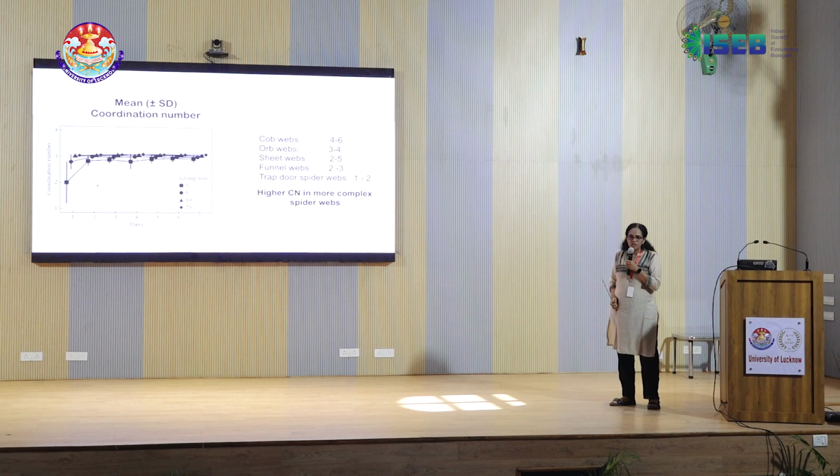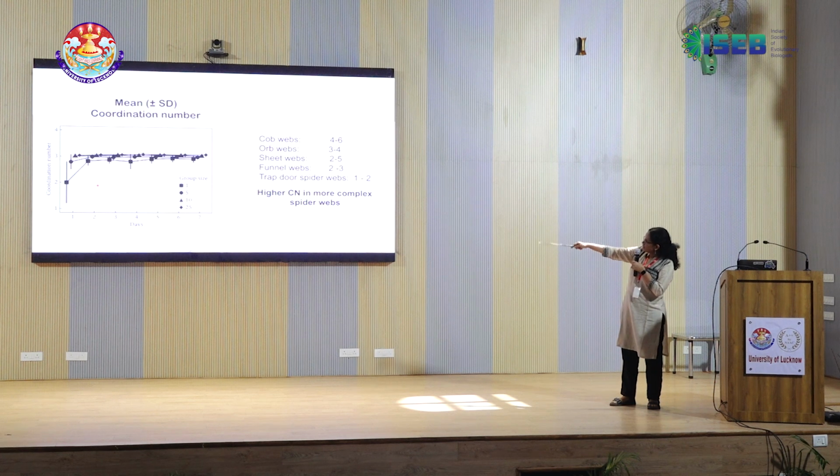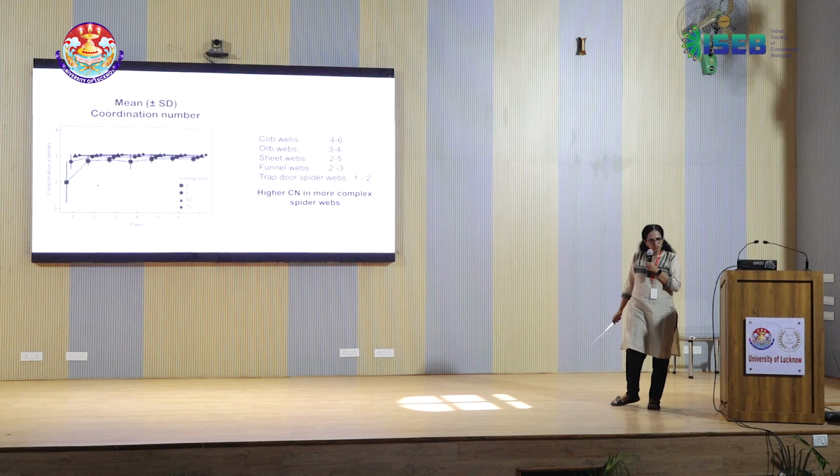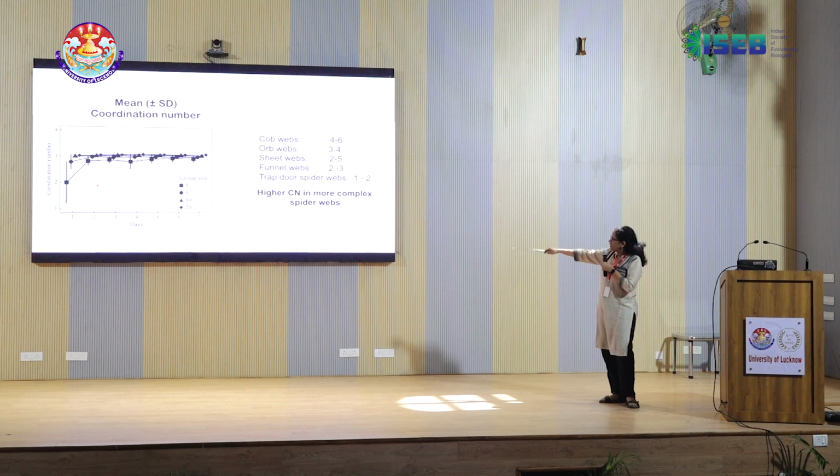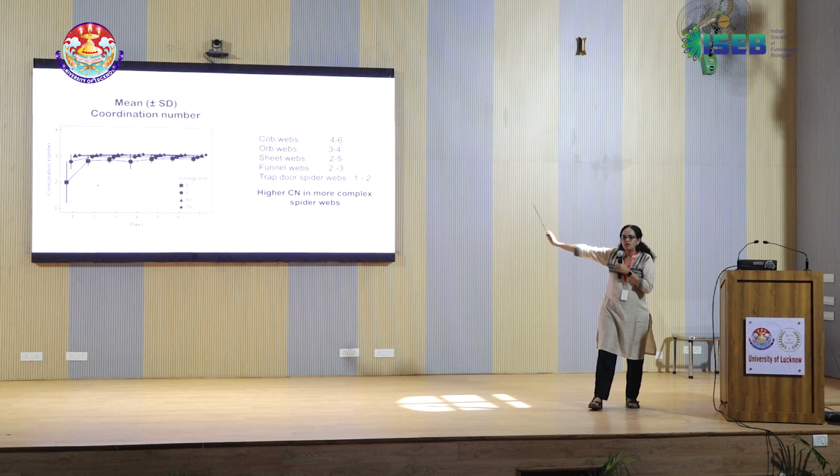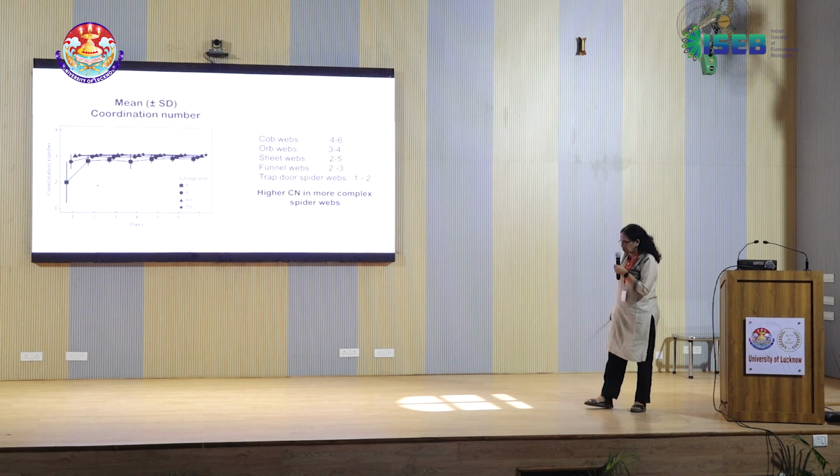When you look at the coordination number, you can see that irrespective of the group size, it hovers around the region of 3, right? So basically all group sizes achieve kind of similar coordination numbers.